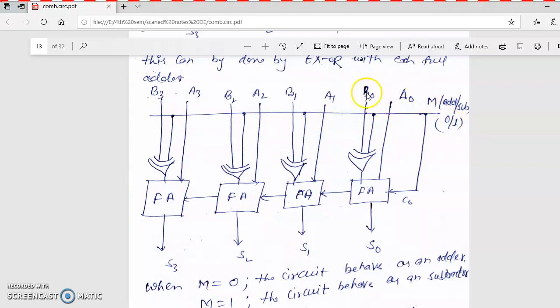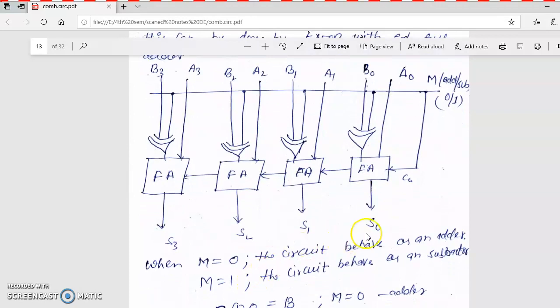This is A0, and this is the XORing of A0 and B0. We know the function of XOR: the output is 1, or high logic, if both the inputs are different, that is 0 1 या फिर 1 0. Otherwise, when the inputs of the XOR gate are similar, as 0 0 or 1 1, the output will always be low logic, that is 0.